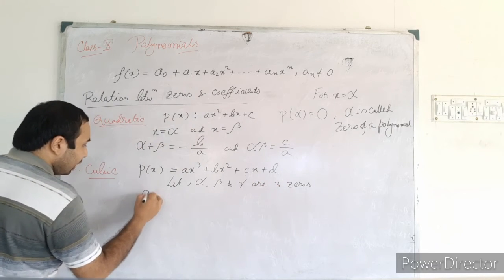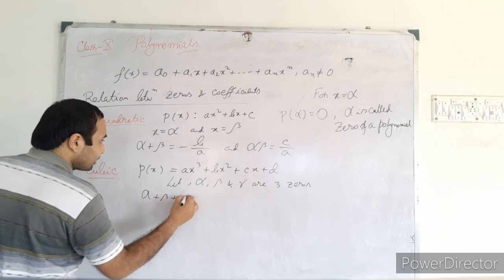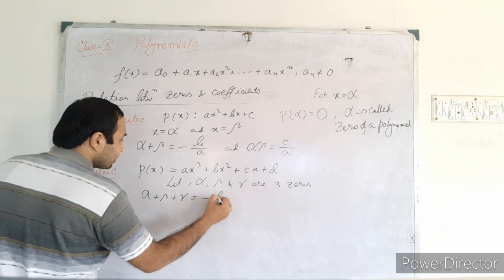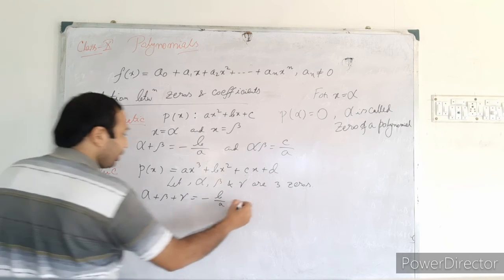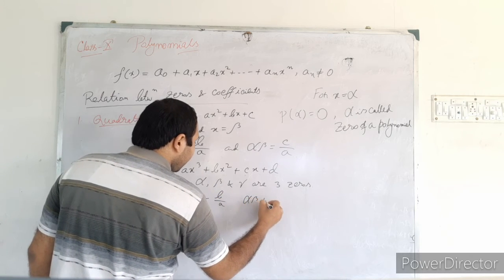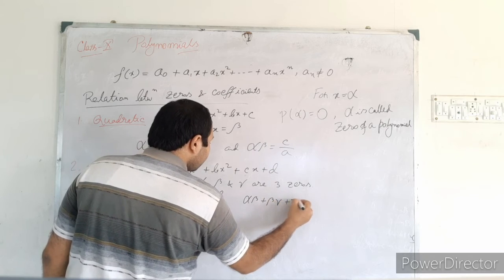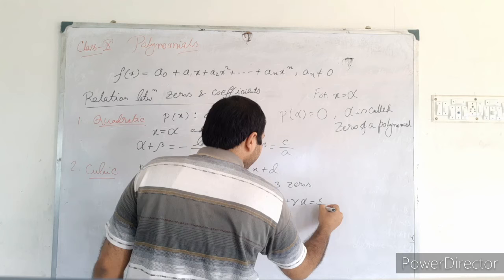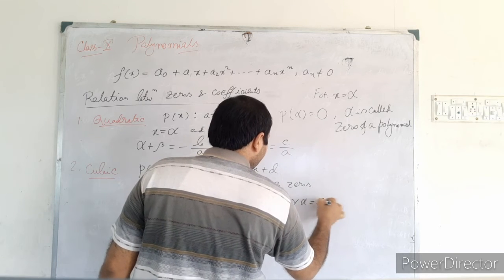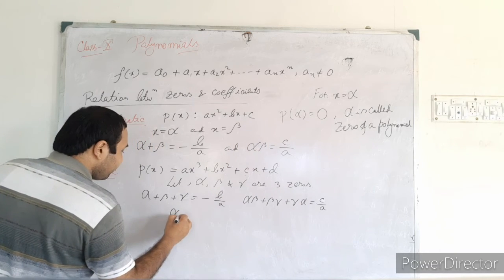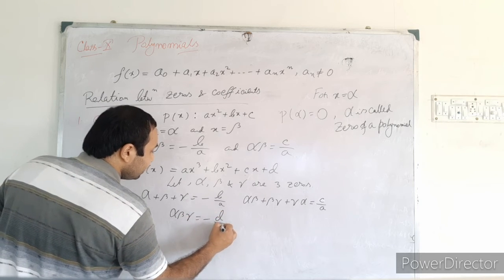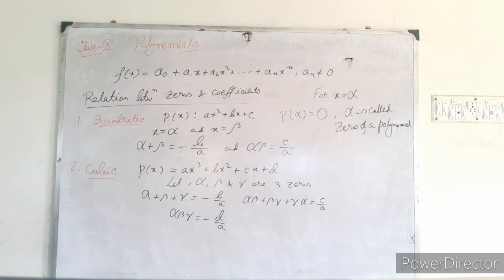Then alpha plus beta plus gamma will be minus b by a. Alpha beta plus beta gamma plus gamma alpha will be c by a, and alpha beta gamma will be minus d by a.